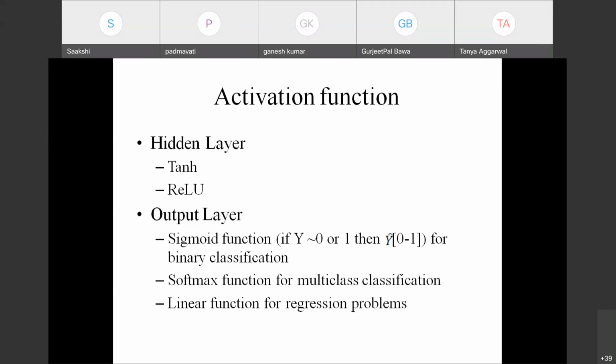The linear function simply passes that value to the output layer, because as such there is no bounding or limitation in terms of values in regression problems. I can represent it as any number, any value. For that reason, the linear function can be used in case of regression problems.